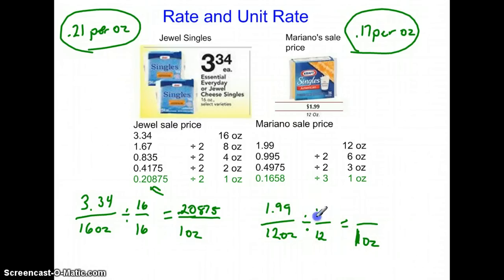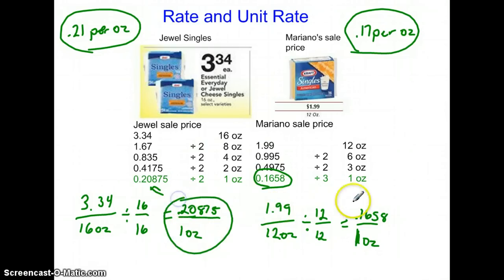Again, whatever we do to the denominator, we do to the numerator. $1.99 divided by 12 is exactly this amount here. Again, it looks like when we compare these two that Mariano's is the best buy, so I'm heading over to Mariano's.